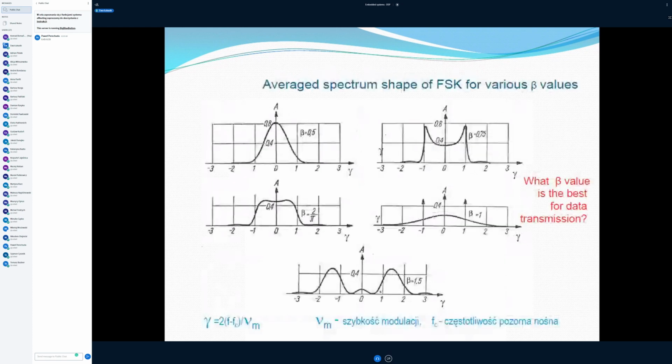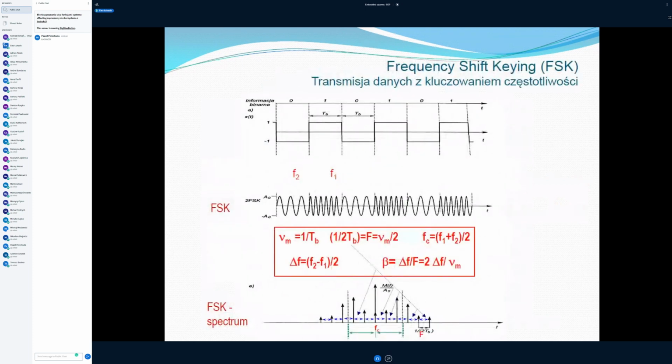Well, maybe I come back to this image, because you see this difference between those peaks. It's like frequency f. It means it's 1 divided by 2b.